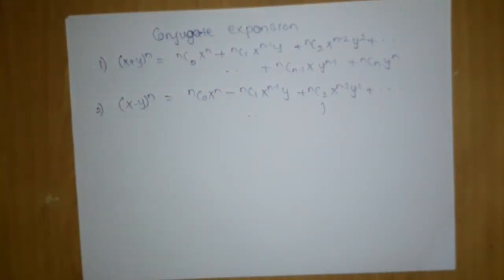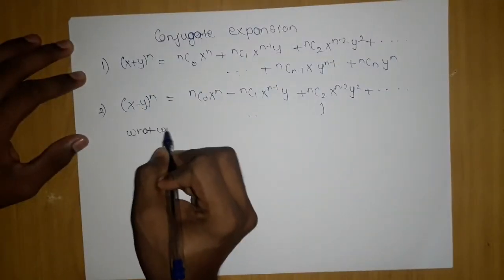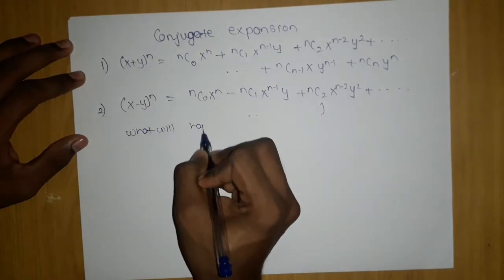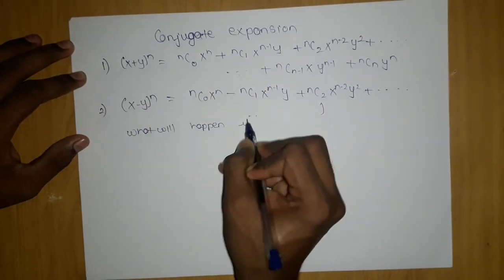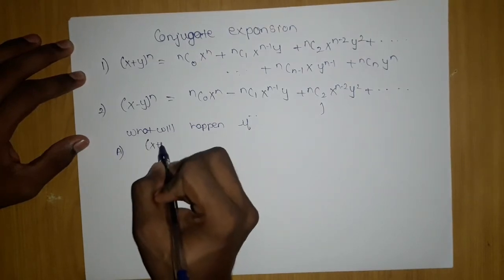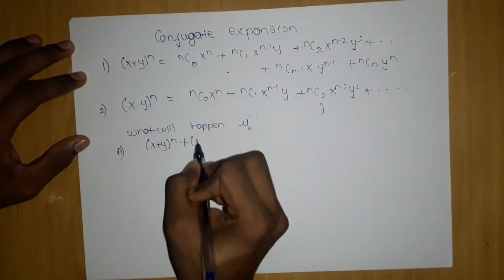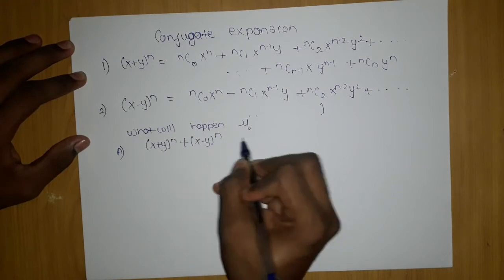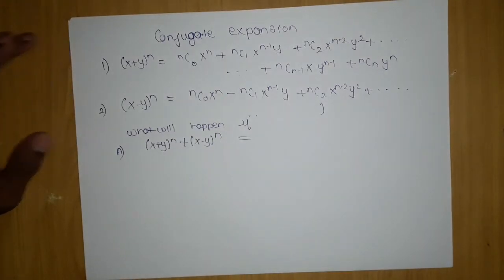Now our job is to see what will happen if two things happen. First one, (x plus y)^n plus (x minus y)^n. If we add, what are we going to get? It means the summation of conjugate expansion.